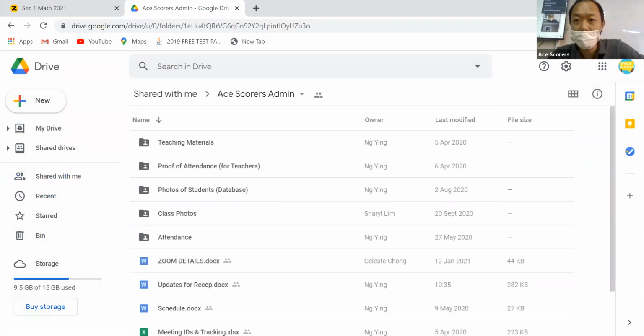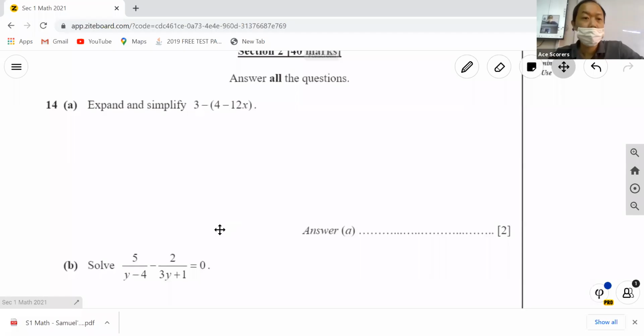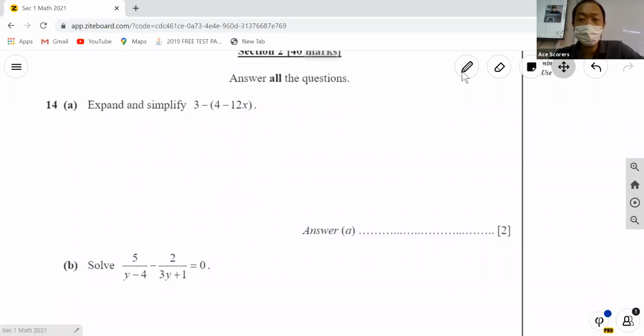Okay, let's find the worksheet. I'm going to go through this right now. For this paper, expand and simplify this one, which is pretty easy. If you don't know how to do this, then please knock yourself in the head. There's a minus in front of this bracket, so we rainbow in the negative sign.